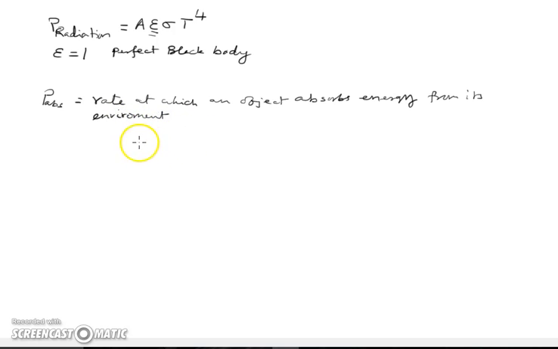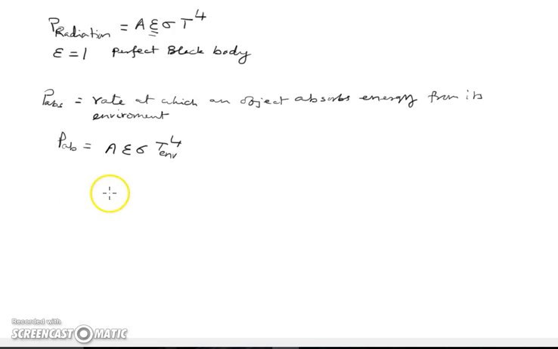That is given by P absorption equal to A E sigma T, and this is the T of the environment, to the power 4.